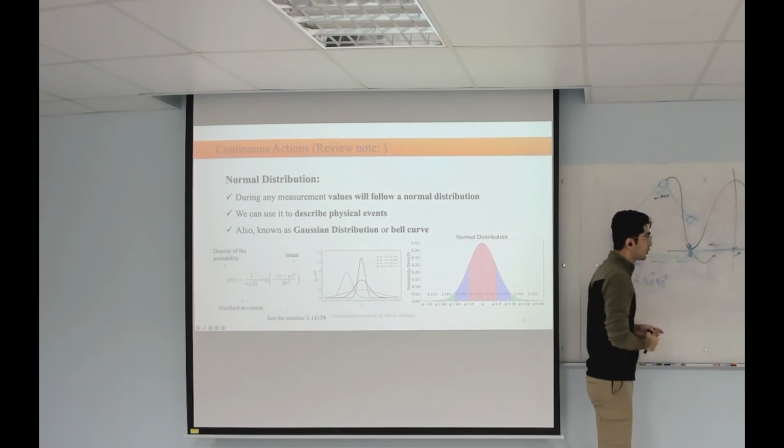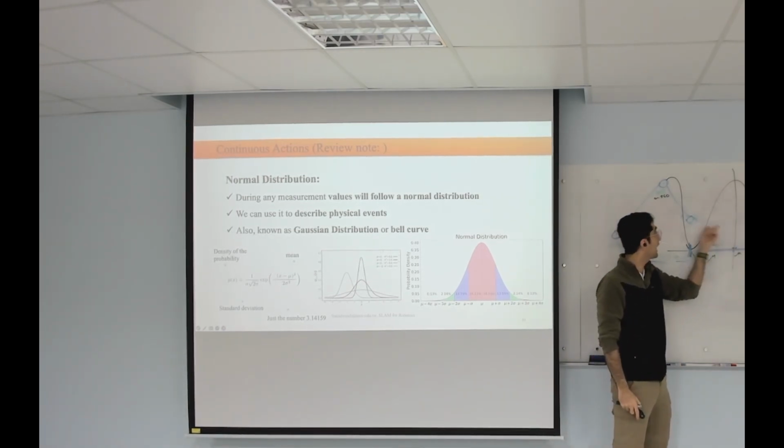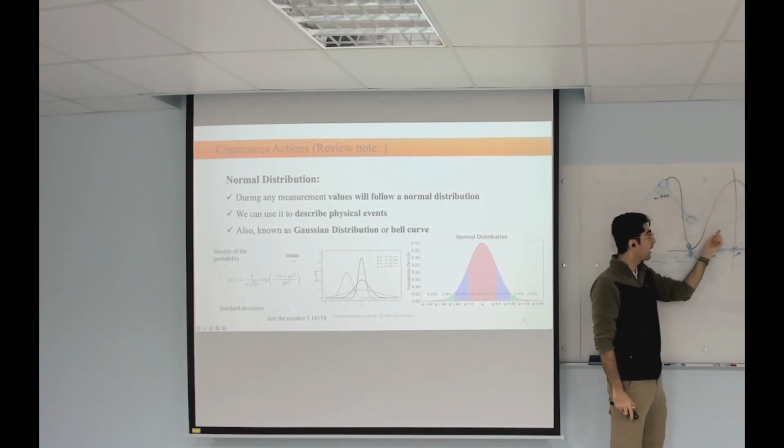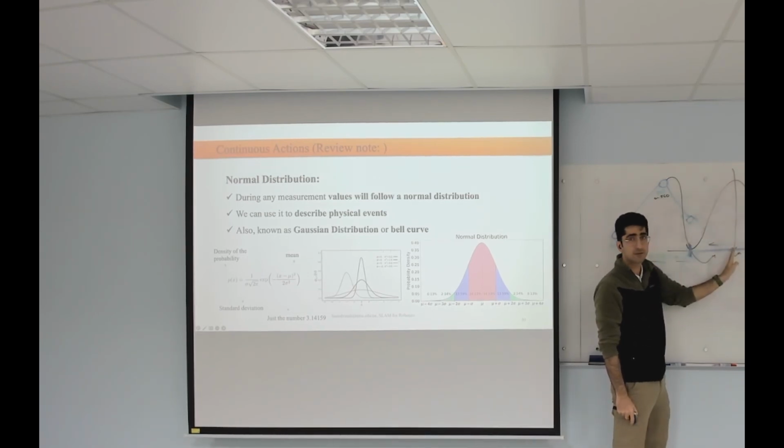Then what can I do? This is a continuous action space. Then I can show my action space by the mean and covariance of what is the probability of one action happening over here.